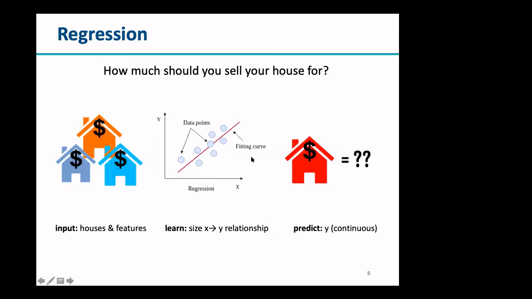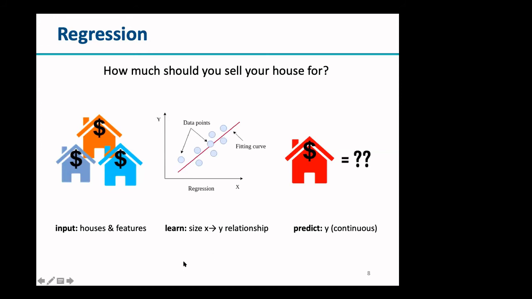At the next step, you learn a relationship between these features and the price. For simplicity, we can imagine the price of a house is only related to the size. So you have the X dimension for size, and the Y dimension is the predicted value for the house.